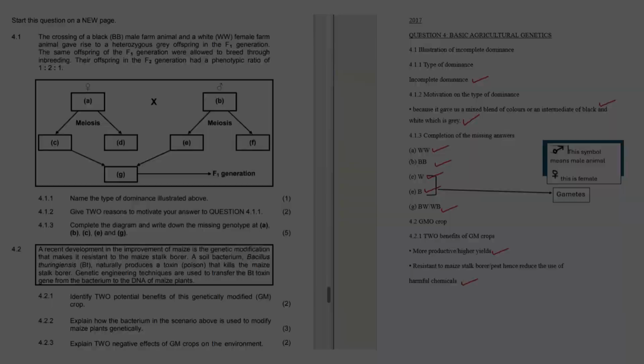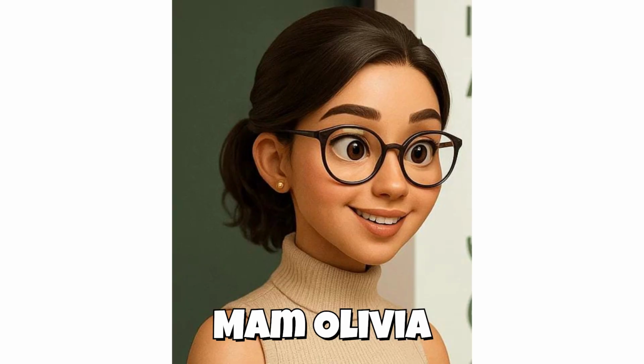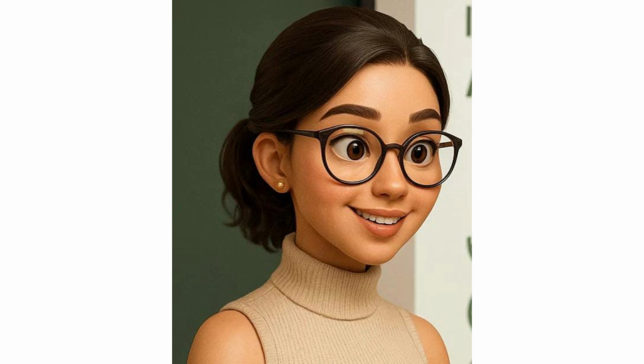Her name is Memo Olivia, and she's going to give you an introduction lecture to agricultural genetics. Then let's give her an opportunity so that we can learn from her. Drum roll please.